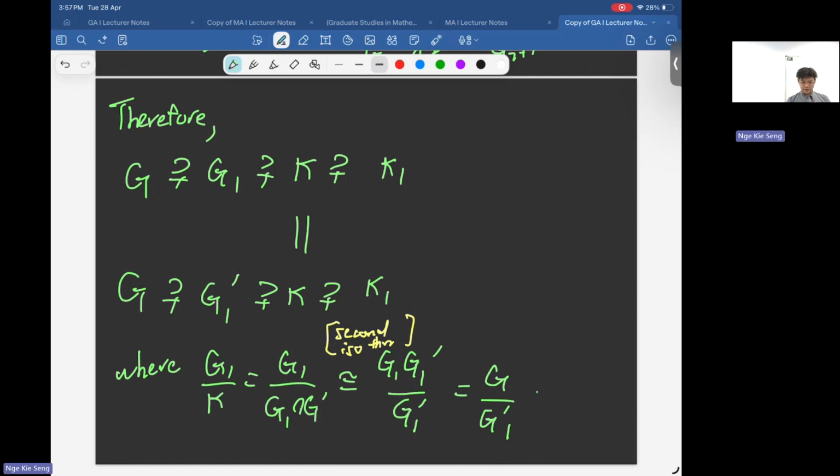And then you should show this is isomorphic to G1. Okay, does it make sense?